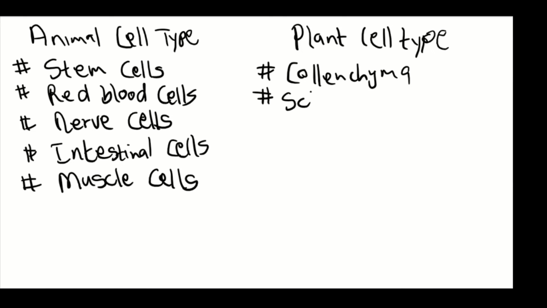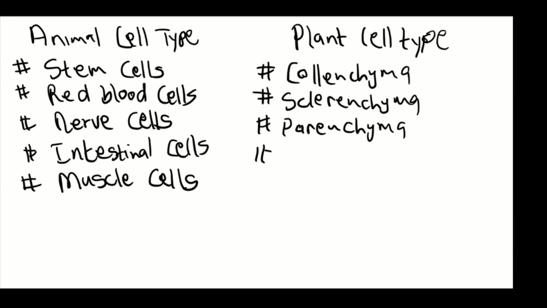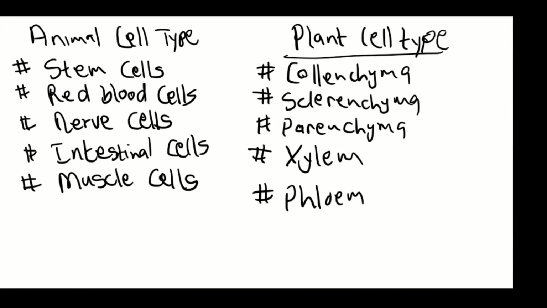And we have sclerenchyma, we have parenchyma, we have xylem, and phloem. So these are some of the cell types that exist both in animals and these ones in plants.